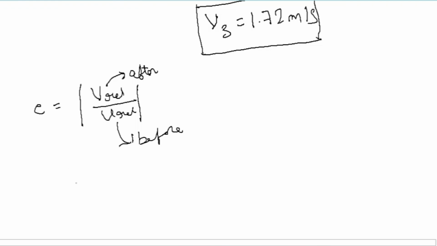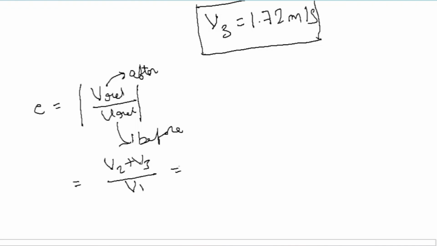Now, if we put it in the formula, then as both the blocks are moving in the opposite direction before collision, here we will be having V2 plus V3. Just before collision one of the blocks was at rest, the other one was moving, that is the block of mass 2 kg. So here we will be having V1.